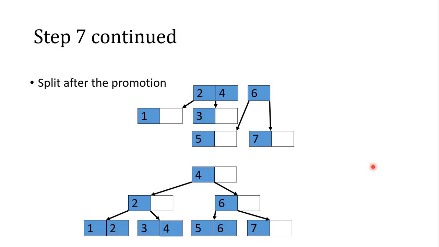So we will adjust this like that. After the promotion, 2, 4, 6, so that is 1, 2, 3. Okay, so we will finalize these, that is 2, 4 and 6. So 4 is splitting here and it is updated.